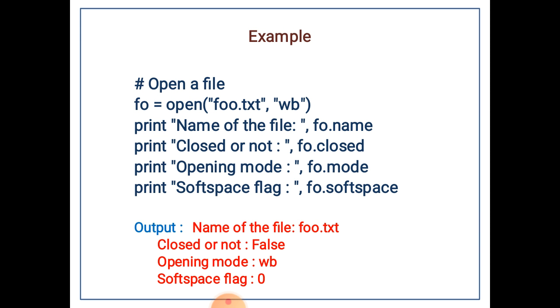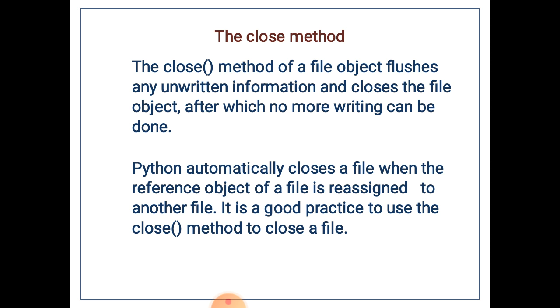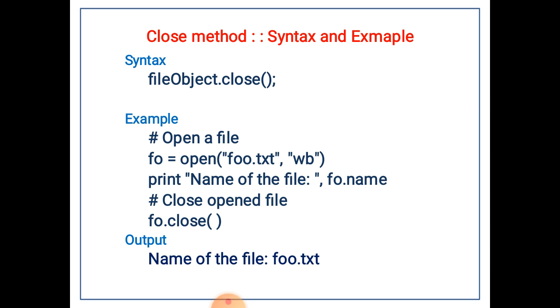See the example there, which is giving out the name, the status of the file, the mode of the file, and the softspace. We learned that every file should be closed using the close method to save the necessary data and to remove the unnecessary data.